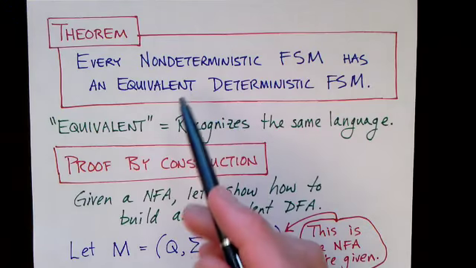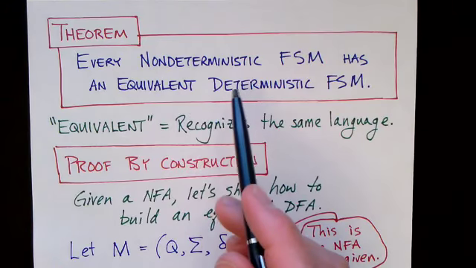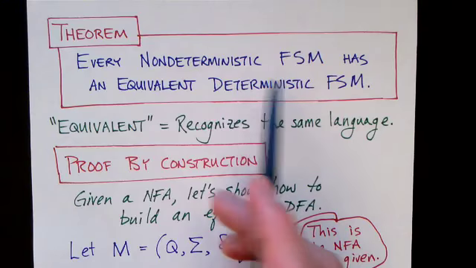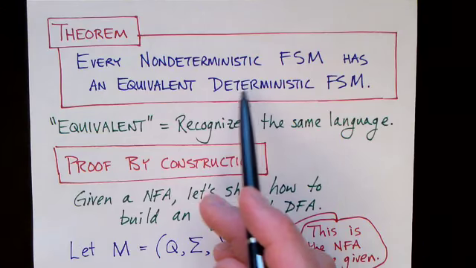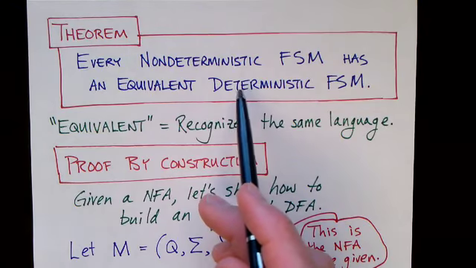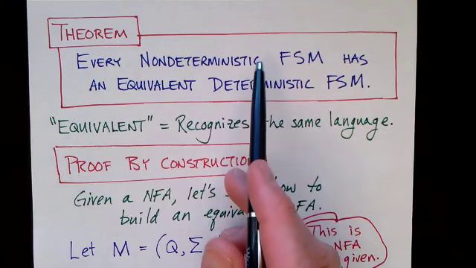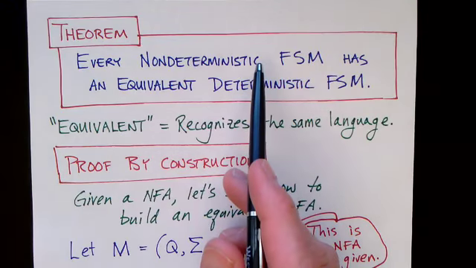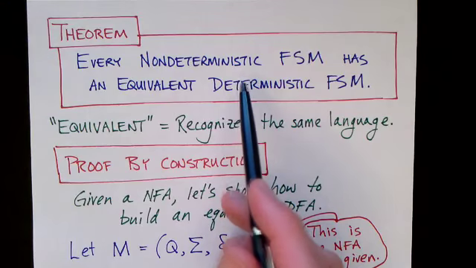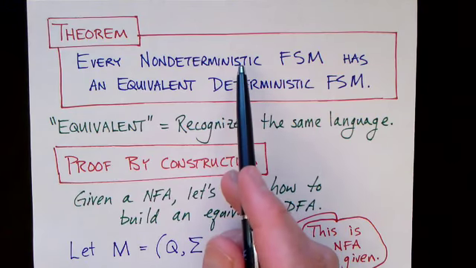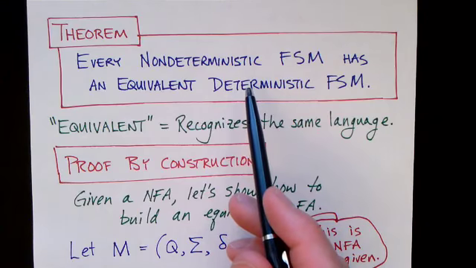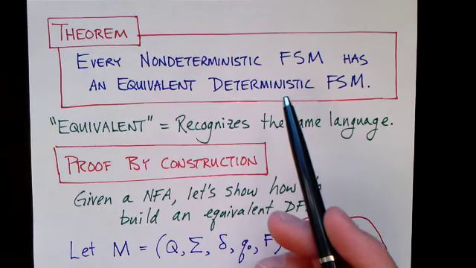I should also point out that for every deterministic machine, there is an equivalent non-deterministic machine. It sort of goes without saying because every deterministic machine is sort of by default a non-deterministic machine. So this two-way theorem means that there's no difference in power between non-deterministic finite state machines and deterministic finite state machines.